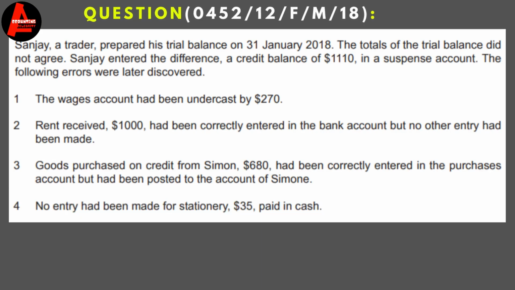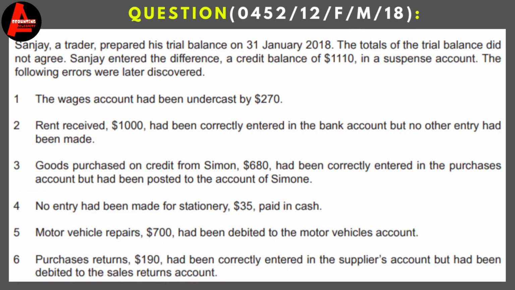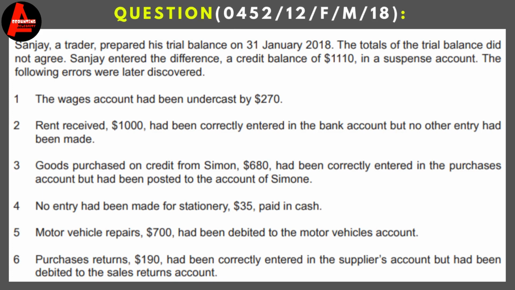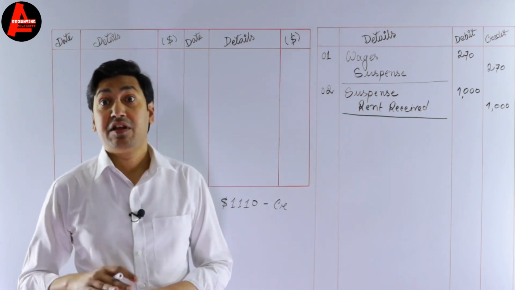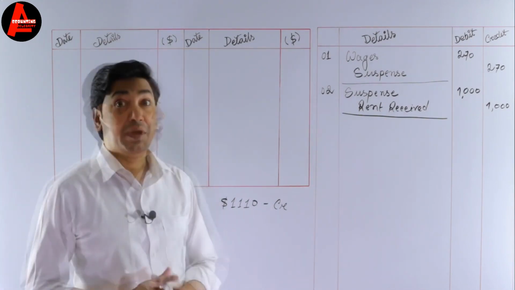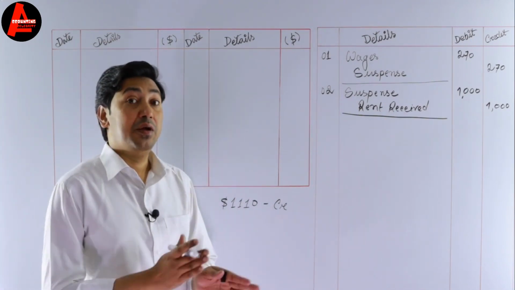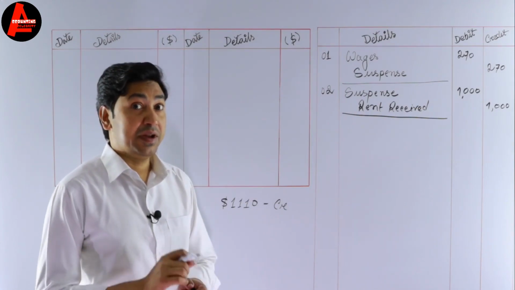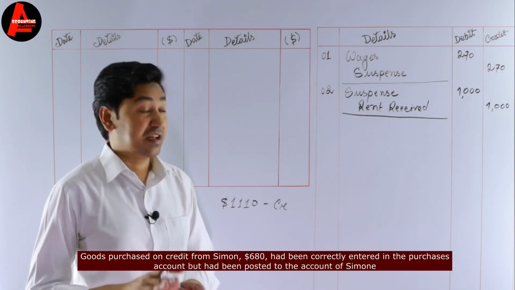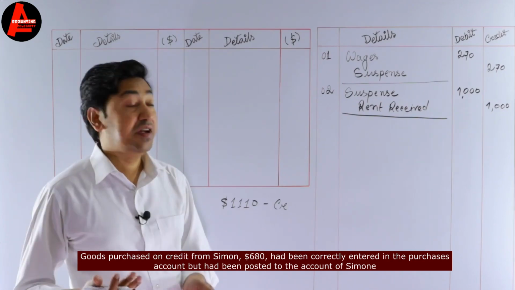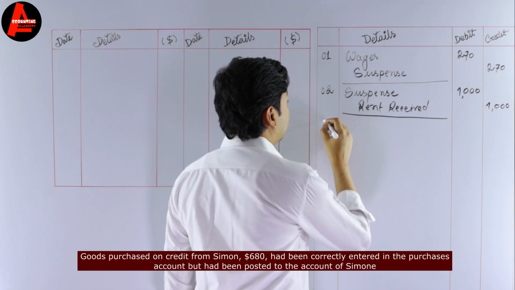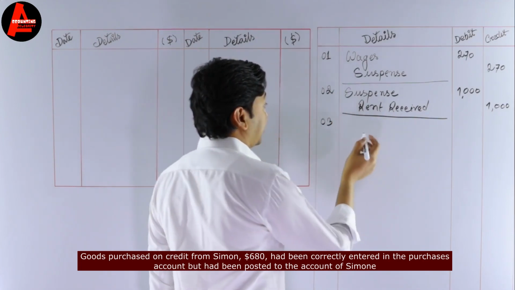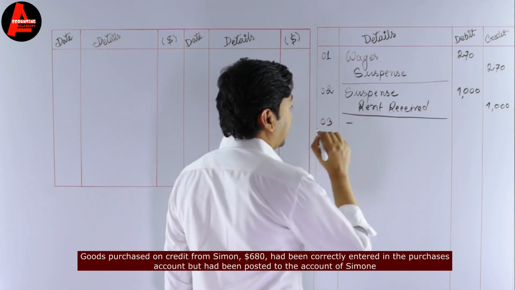Goods purchased on credit from Simone, $680 had been correctly entered in the purchase account, but had not been posted to the account of Simone. Here there is no mistake with the purchase. Purchase had been debited correctly. It is a purchase, an expense, so expense will be debited. So purchase is correct, so there is no entry for the purchase on the debit side.